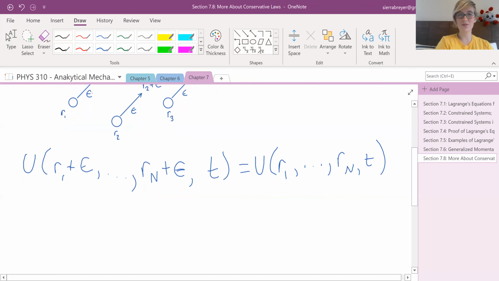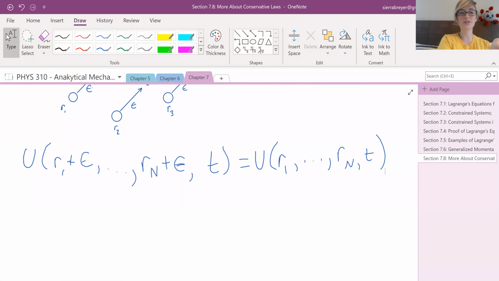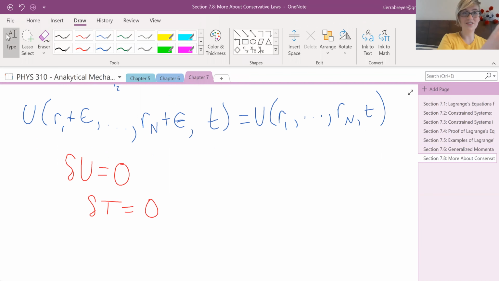So that's cute, that's fun. Now the thing to know here is that it didn't change, so our delta potential energy is 0. And if our potential energy didn't change, then I can tell you our kinetic energy didn't change, which means our Lagrangian didn't change.